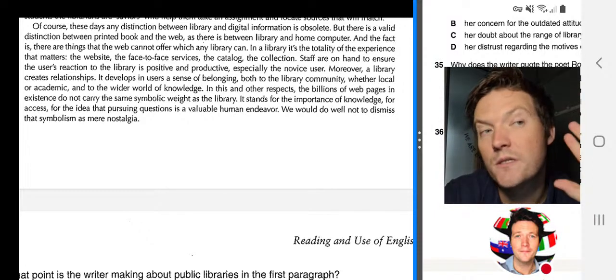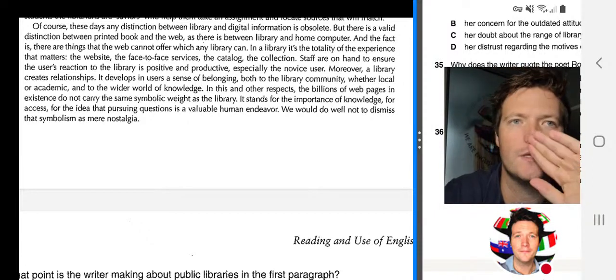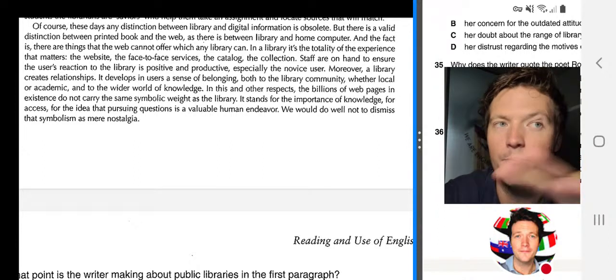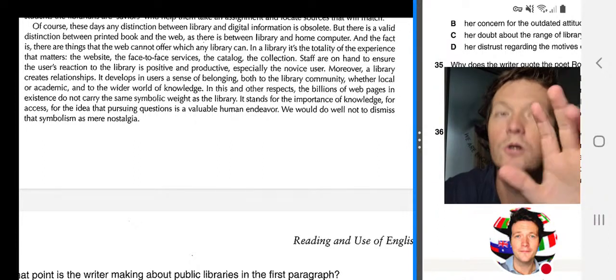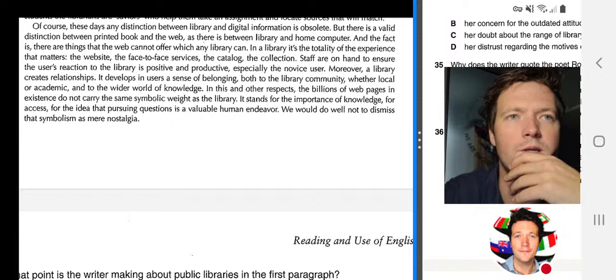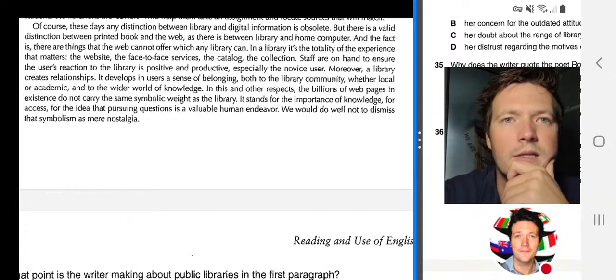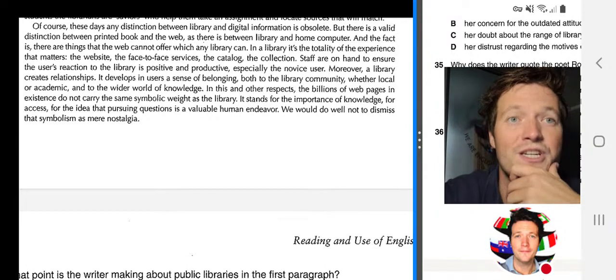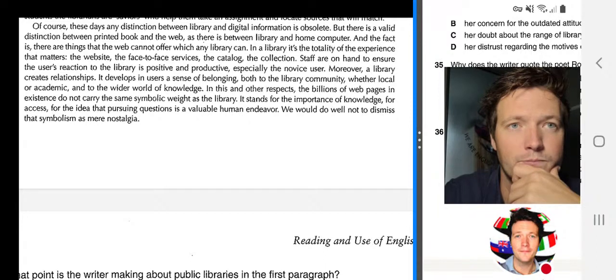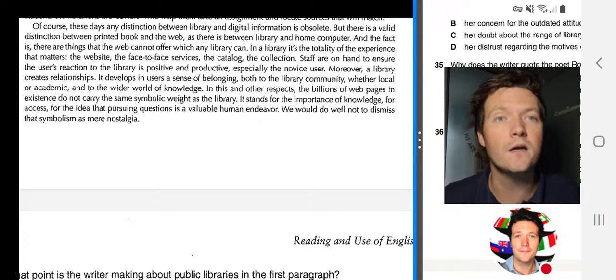I think she's saying at this point that they both have separate roles. They're separate, right? They're not competing for the same ground anymore. And the fact is, there are things that the web cannot offer, which any library can. So it can offer things that the internet can't.